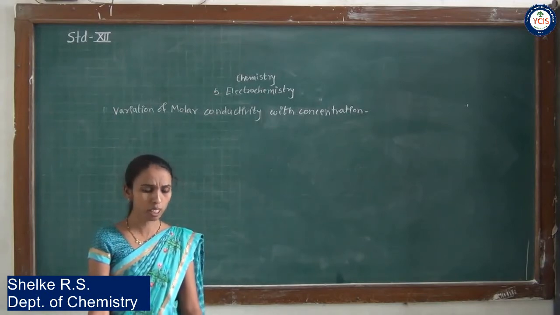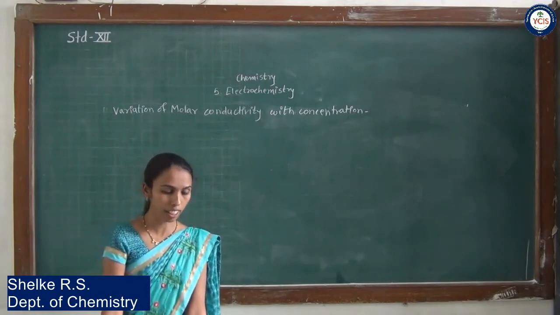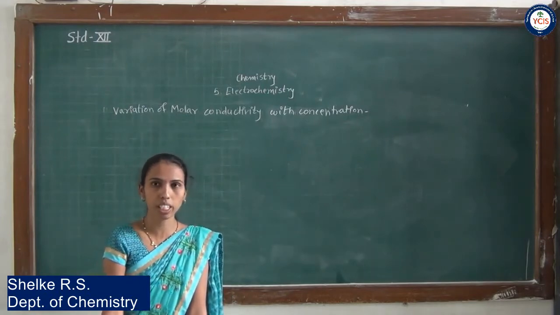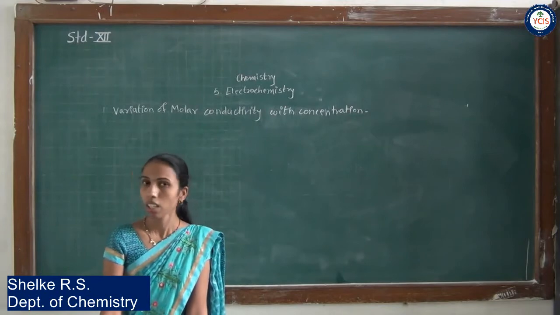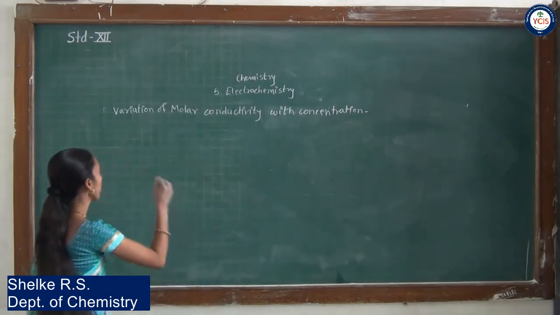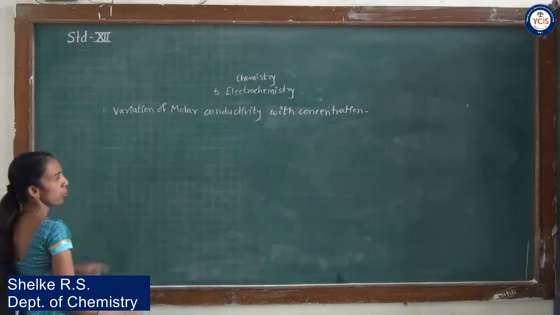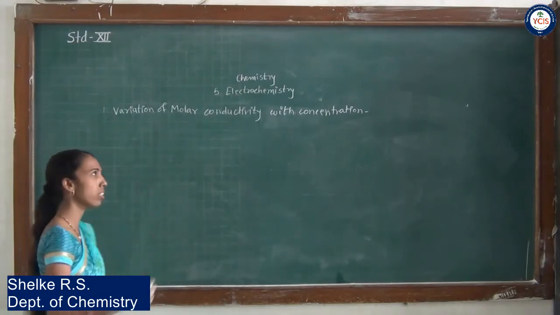Now this molar conductivity's variation with concentration in case of strong and weak electrolyte is qualitatively different. Okay, now we consider for the strong electrolyte. I will write here molar conductivity with concentration, how it varies.